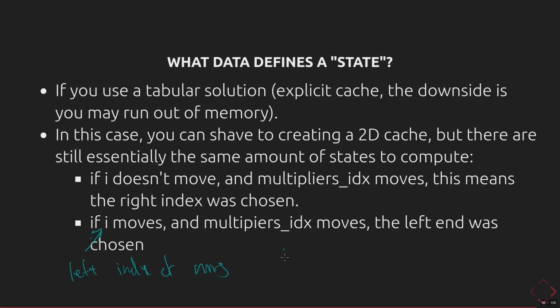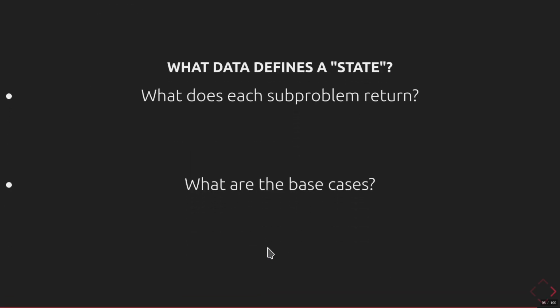So basically, those are your two states, left index and multipliers index. Based upon how deep you are in multipliers and the left index, you can actually calculate the right index. That's calculable. Don't worry too much about that. Just stick with the recursive stuff.